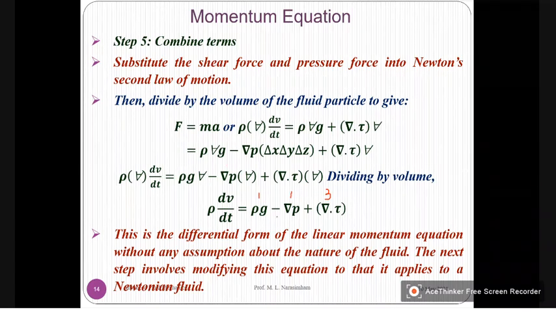So you will have a total of 5 terms on the right hand side, and on the left hand side you will have local acceleration plus 3 terms due to convective acceleration.